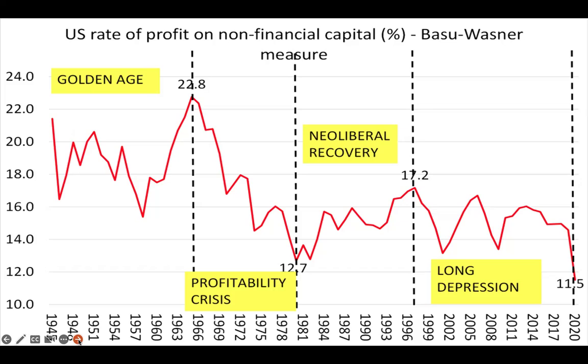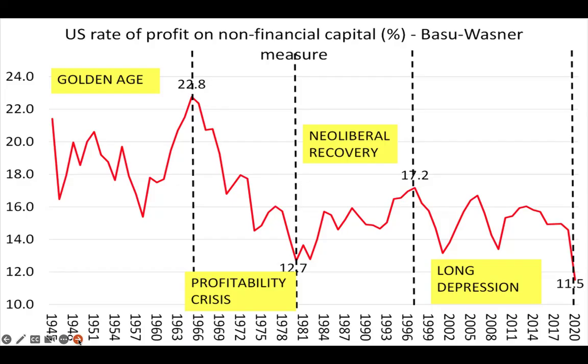This is the rate of profit on non-financial capital. So if you could sort of separate the rate of profit from the economy as a whole and only focus on the non-financial parts of the economy, you can see that the rate of profit is actually quite low. So finance is basically what is, or really maybe more so the FIRE sector of the economy, is what's really propping up the economy to a significant amount.